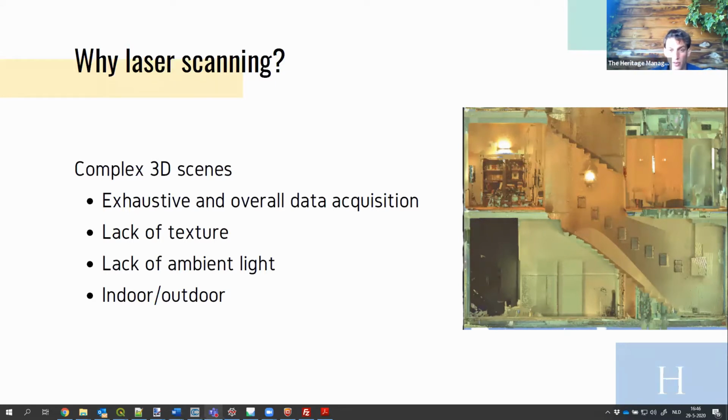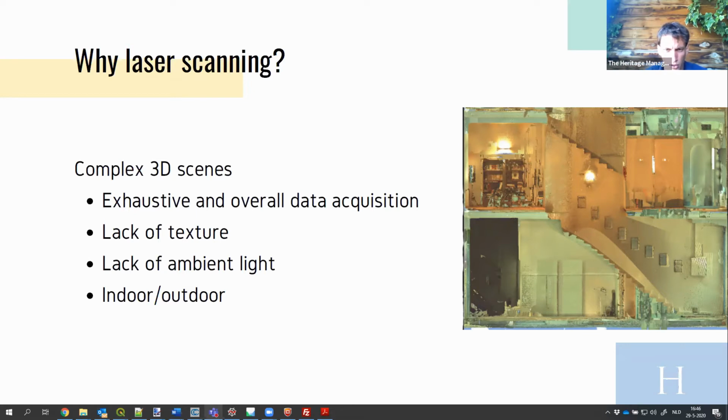In that case, it was very suitable to use a laser scanner. We just put our laser scanner, make our scan, and we could move again. Whereas with photogrammetry, we need environmental light. We need to place lights around our object or inside our object, and it would be much harder to get an appropriate result.